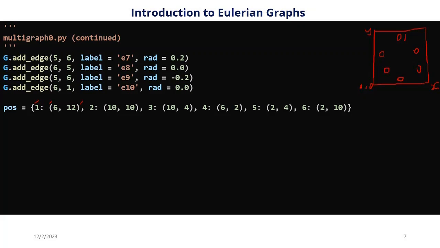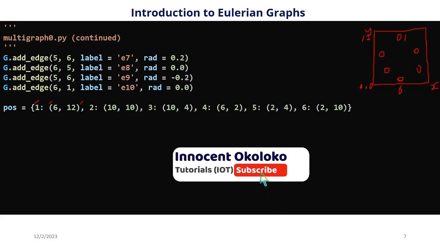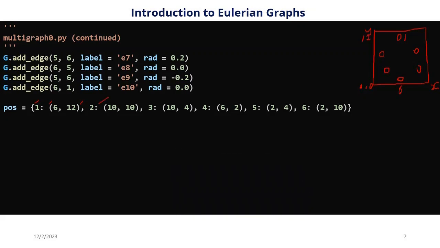We can say node 1 is at x equal to 6 and y equal to 12, and then node 2 is at x equal to 10 and y equal to 10. We are coming down on the y-axis and we are moving further on the x-axis. And you know definitely node 3 will be also at x equal to 10, and we can bring it down to y equal to 4.